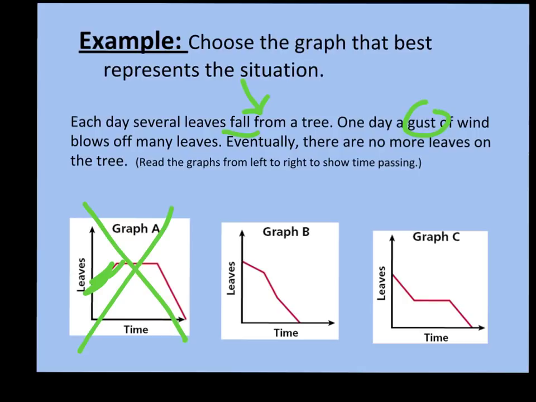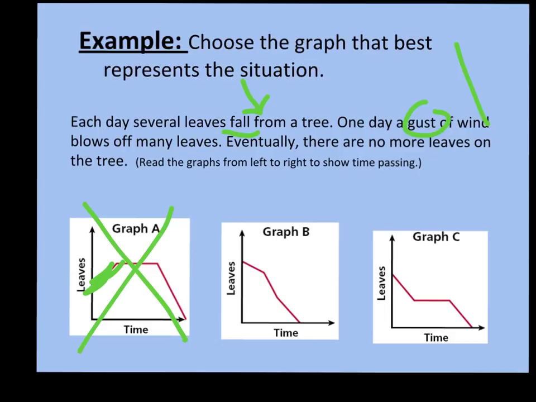Meaning it's going to become even a quicker drop-off. It's falling a lot faster. And then eventually there are no more leaves on the tree, so we have to end at 0 leaves, which both graph B and C do.